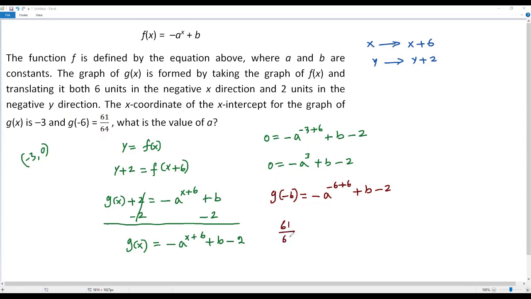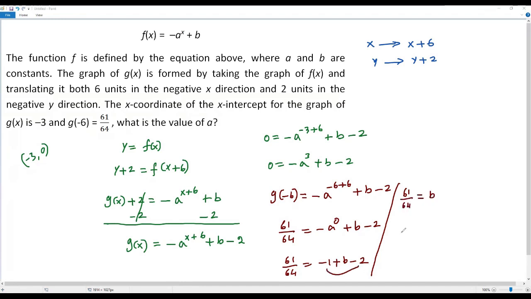Let me plug in. Here -6 plus 6 becomes 0, so -a^0 + b - 2 = 61 over 64. The value of a to the 0th power is just 1, so that is -1 + b - 2. Let me continue over here. That is 61 over 64 equals b.